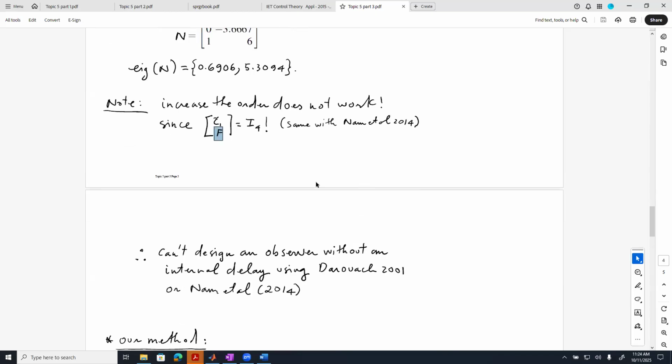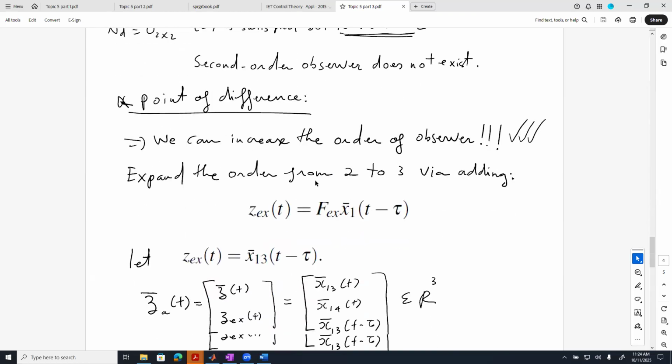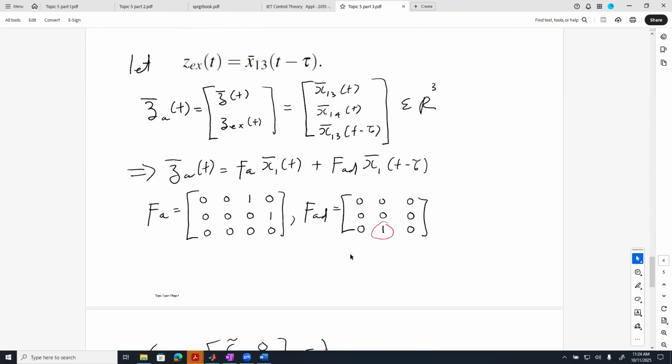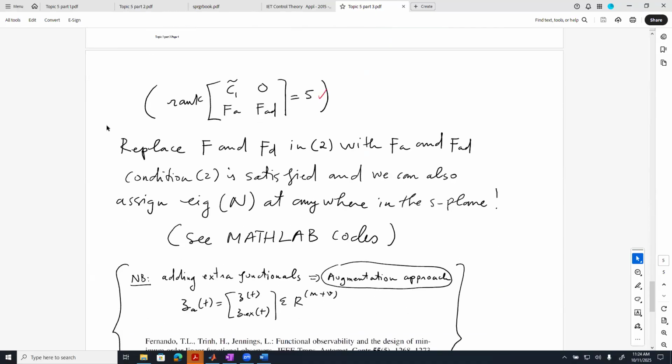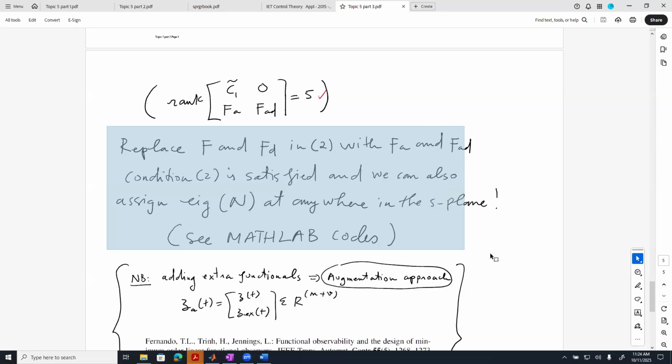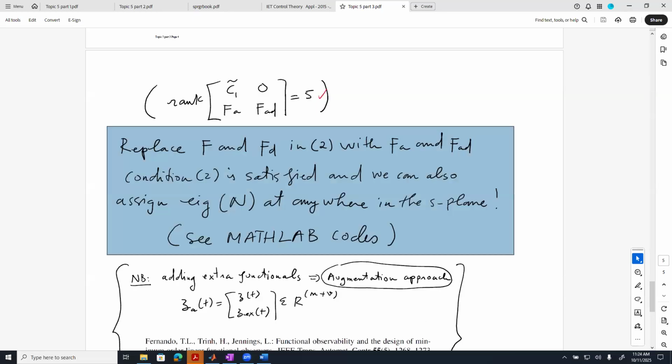It doesn't work that way. Now it actually works, because this is a generalized functional, and the condition itself is satisfied. So I'd like to show the design of that using the MATLAB codes.